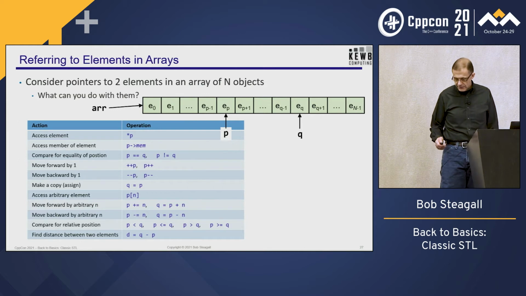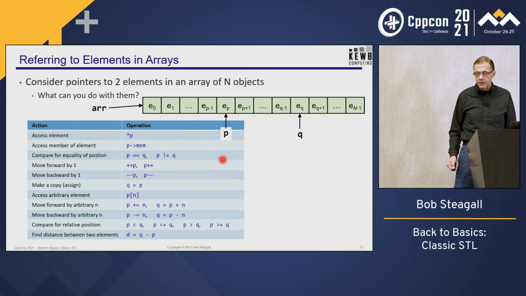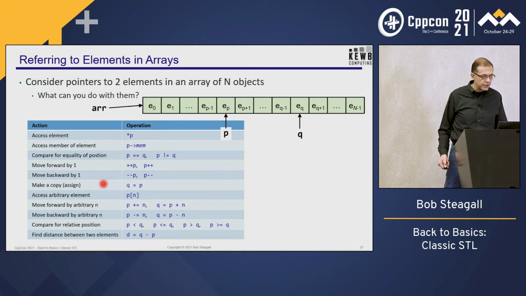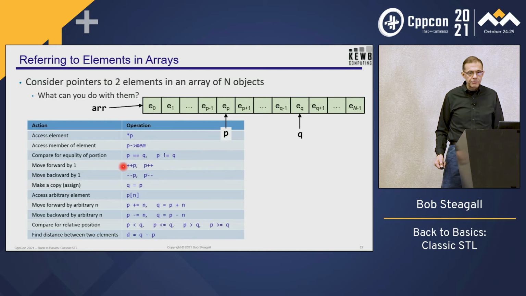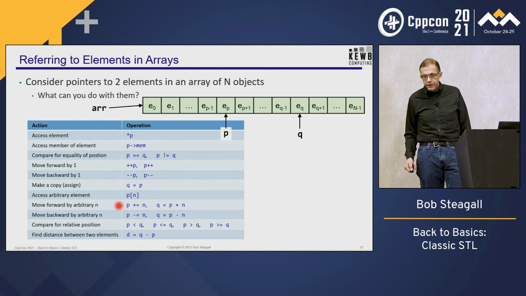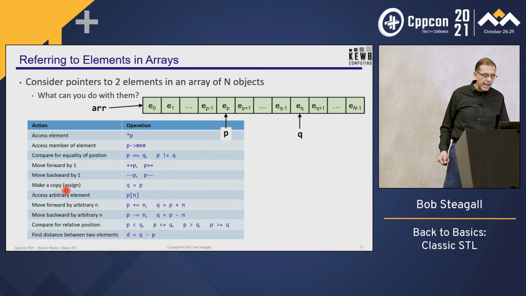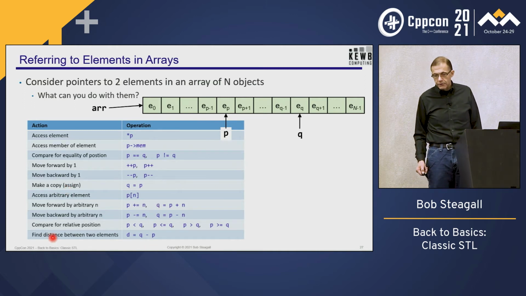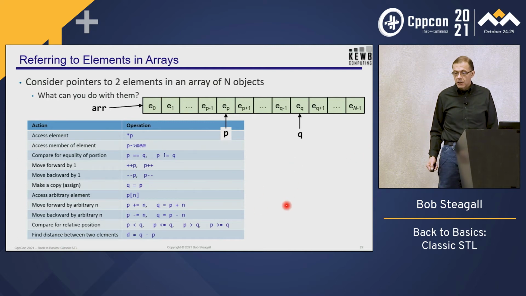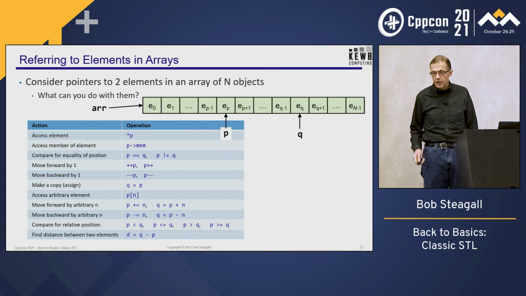Well, here's a table of things that you can do. You can access elements, you can access members of elements, you can compare for equality of position, you can move forward by 1 with pre or post increment, you can move backward by 1, you can make a copy of a pointer, you can access an arbitrary element through indexing, you can move forward and backward by an arbitrary amount, you can compare 2 pointers for equality, you can compare 2 pointers for relative position as long as both pointers point within the same array.